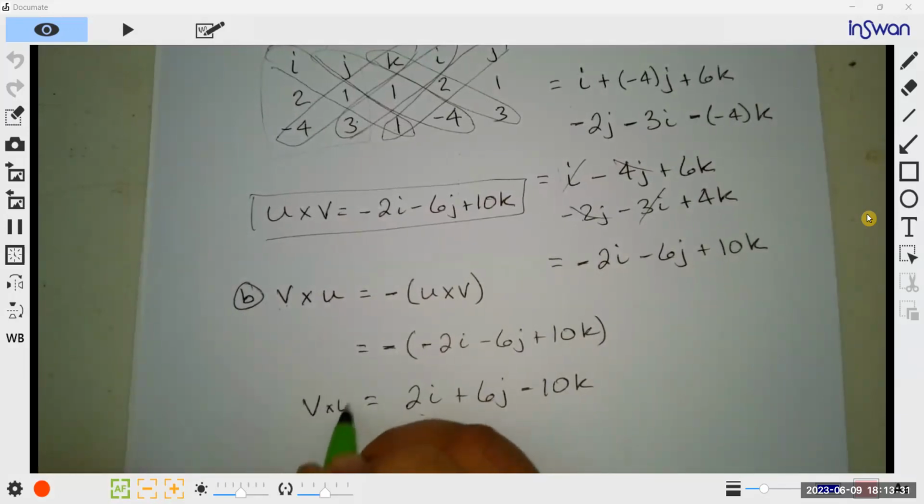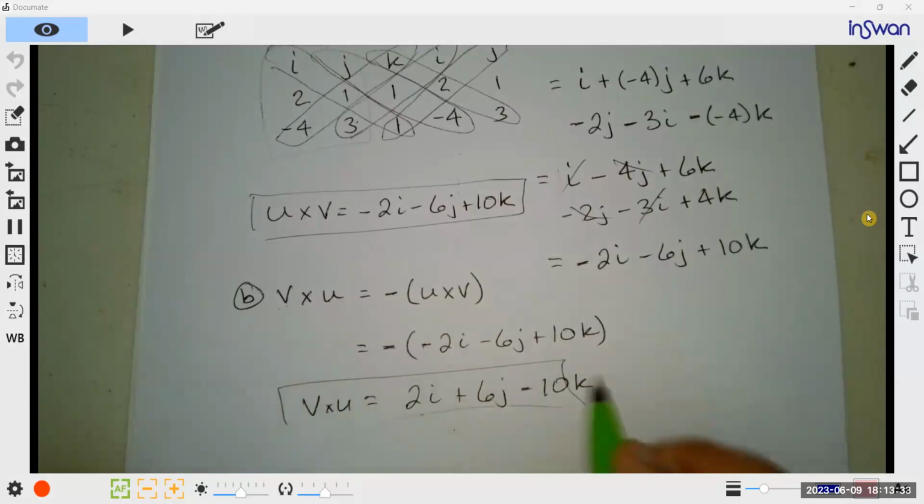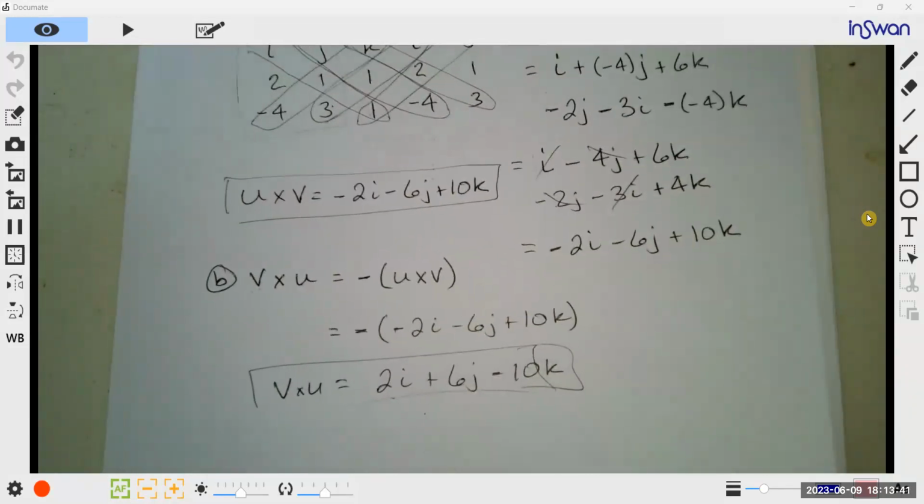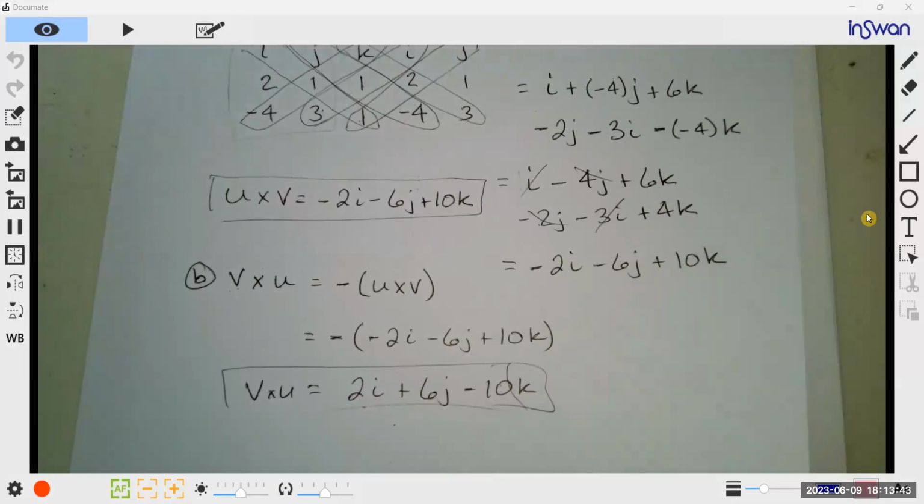That's v cross u. That's all there is to that. But yeah, that's much faster, much cleaner than the other method. All right, let's look at another example.